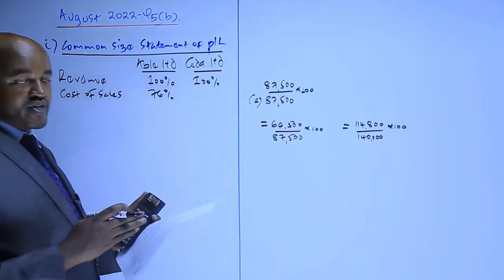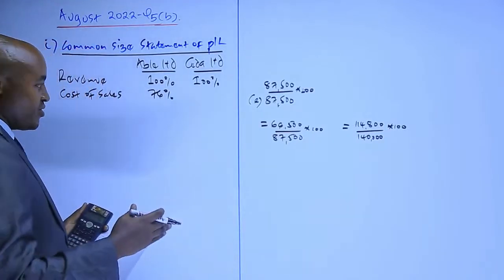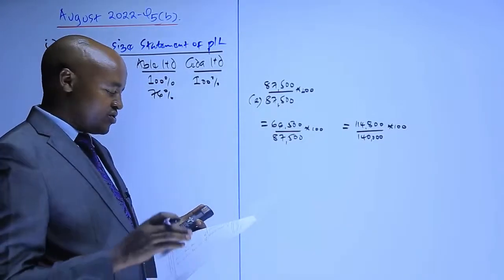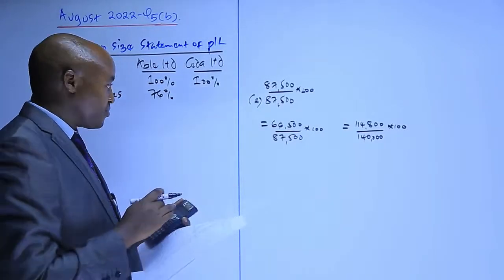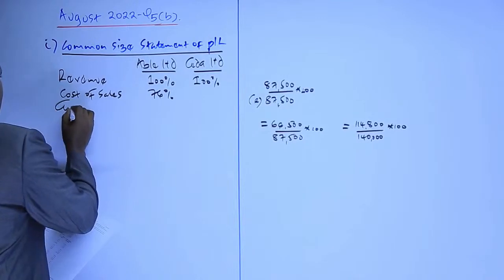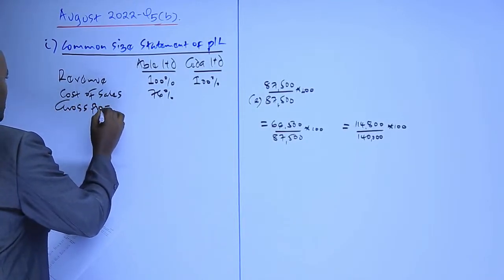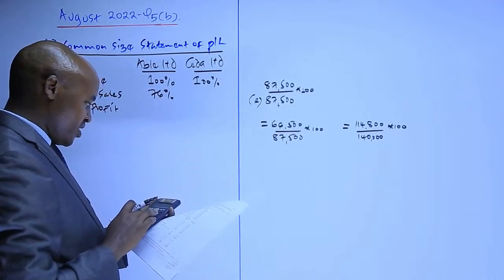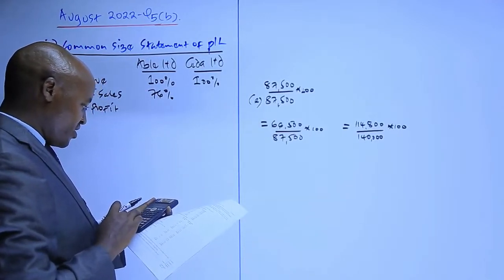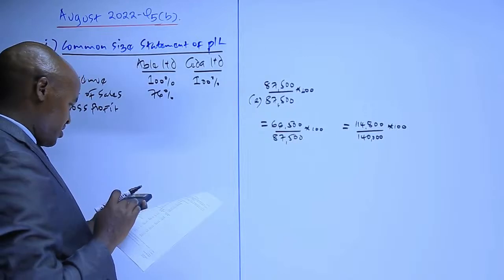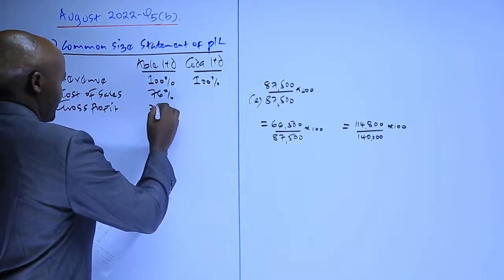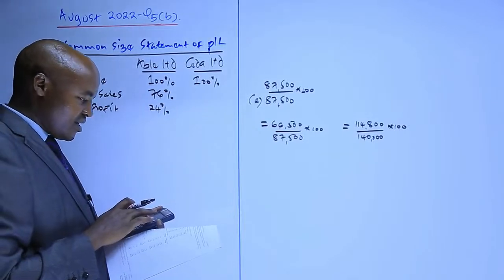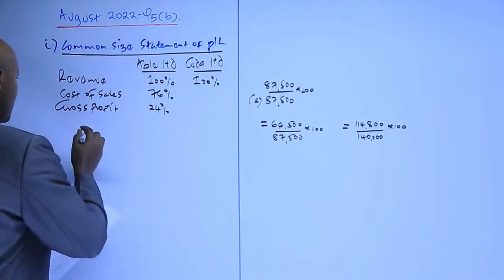Okay, so first of all we can deal with Able, whereby we are going to express all items in the income statement of Able Limited as a percentage of revenue. So let's go to the gross profit. The gross profit in this case is 21,000 divided by revenue 87,500 times 100. This will give us 24%. What about the other item, which is the distribution cost?